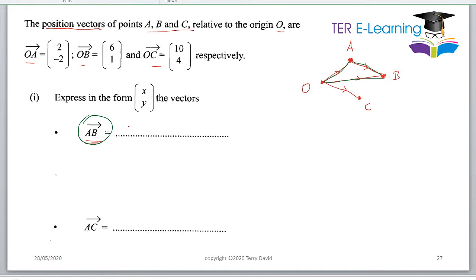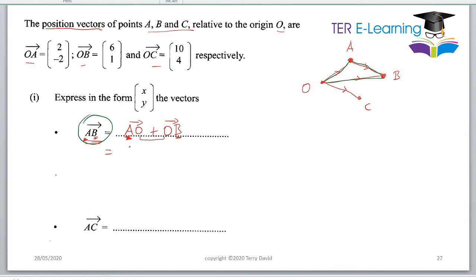If I want to go from A to B, I must start at A. I can go to O plus O to B. So the first thing we do is write our vector equation: AB can be written as AO plus OB. Notice this represents my starting point, which is the same starting point as AB. This is my ending point, which is B. Same thing here. And these two letters have to be the same. Keep that in mind.